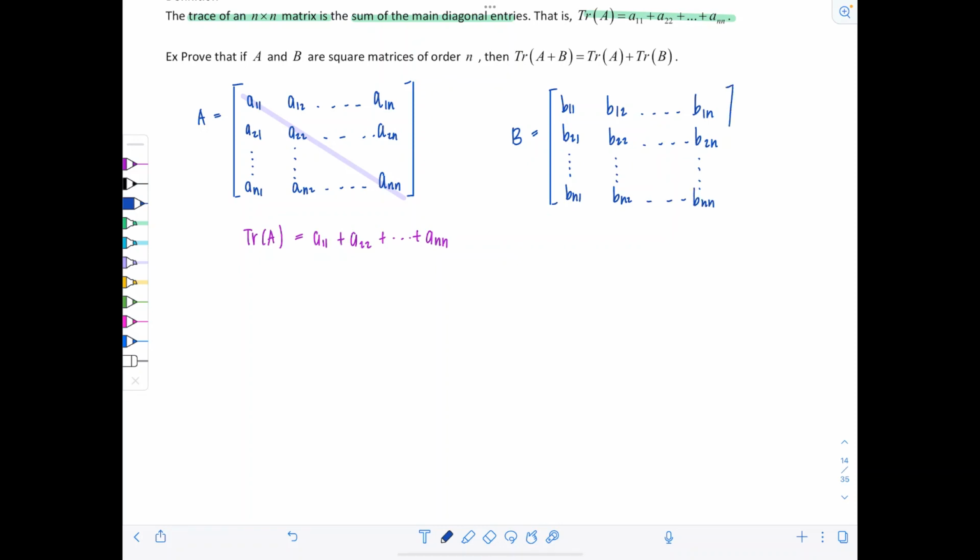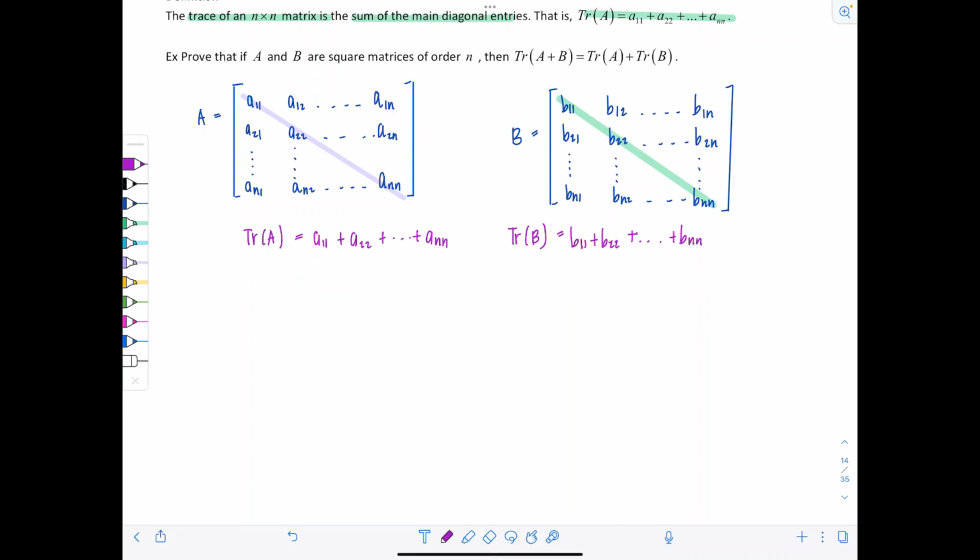Could you find the trace of B for me? Yes, we can, Professor V. Oh, good. So the trace of B would be B11 plus B22 all the way up to BNN. Now what we're trying to show is that the trace of A plus B is equal to the sum of each of these traces separately.